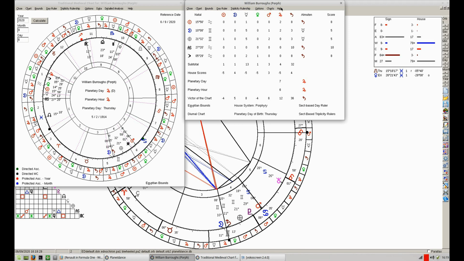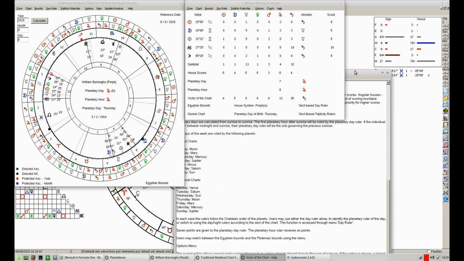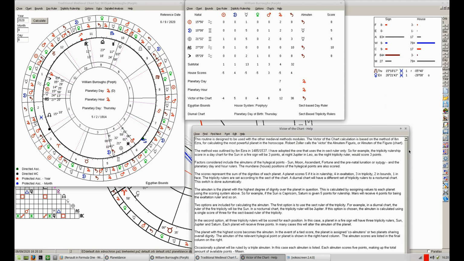So the essential dignities for those positions are identified and given a score ranging from 5 to 1, and then the position by house is also scored, and I give the 12th and 8th houses the lowest score, -5, and the 1st and the 10th the highest score, the angular houses rising and culminating. You can find all this information in the help file here, so you can find out how the various scores are given.